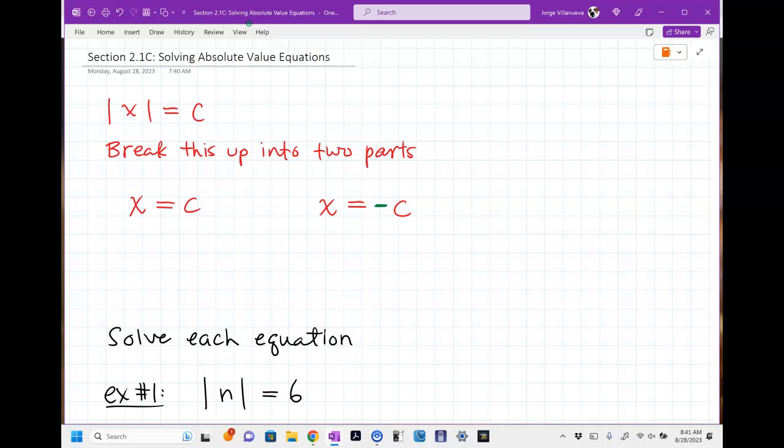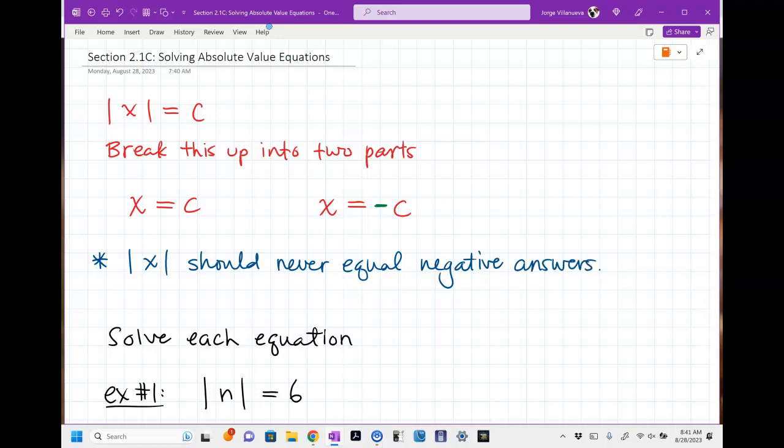Now there's a couple things that you guys should know. Absolute values should never equal negative answers. Okay, an absolute value should never equal a negative answer. And that should make sense because you guys learned this before, right, when you were younger.